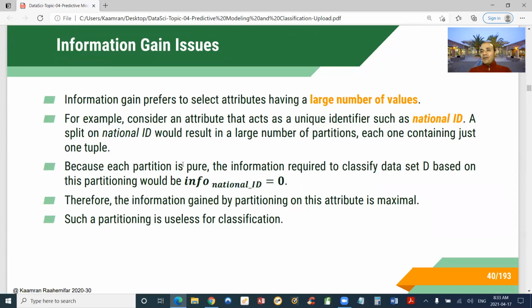Every subset under the national ID is going to be a terminal node. You don't have anything under myself after my national ID is projected. You know all about me. Everything is going to be there. So that's the important thing. It's easy to make a decision when the purity is maximum, 100%, or impurity is actually 0.